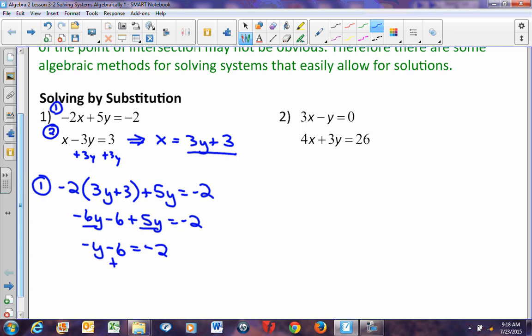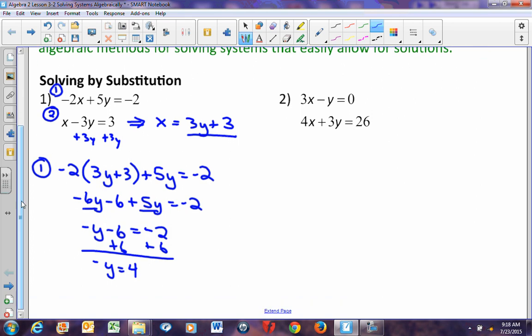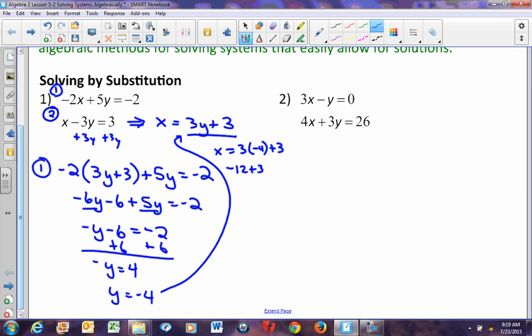If I add 6 to both sides, I will have -y equals 4, which means that y equals -4. Once I've solved for y, I can plug that back into this equation right here, so I can solve for x. So x is going to equal 3 times -4 plus 3, which in this case is -12 plus 3, which happens to be -9.